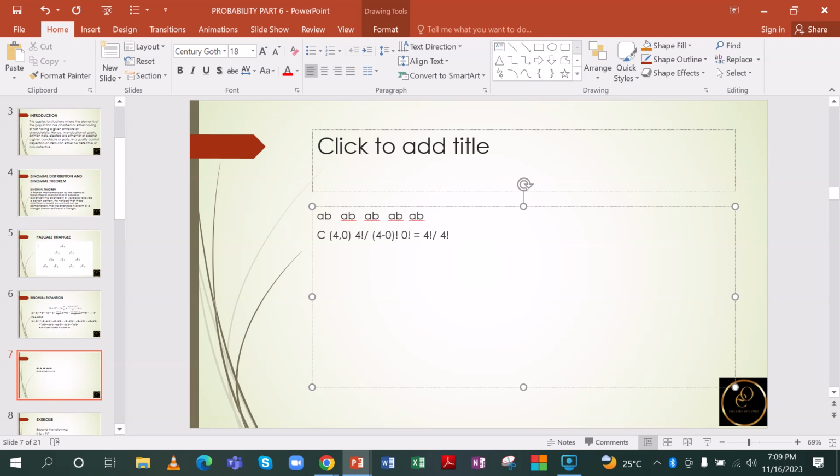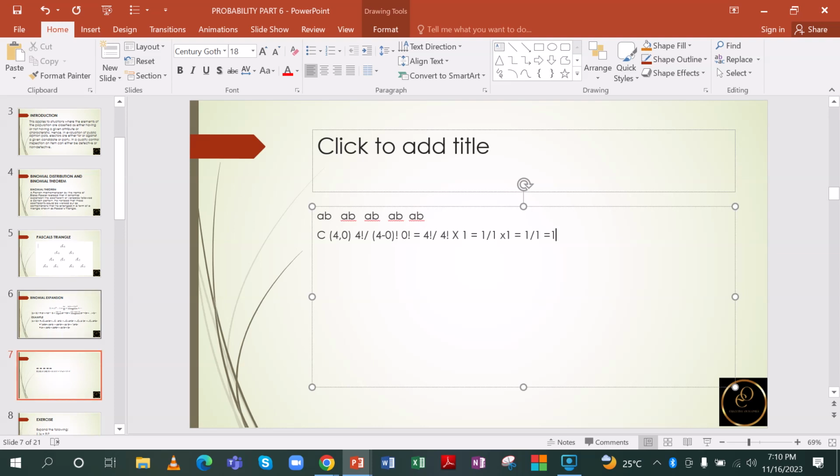So the 4 factorial in the numerator and the 4 factorial in the denominator cancel each other. So you have 1 divided by 1, which is basically 1. Is that okay? Yes. So that's how you resolve that one.